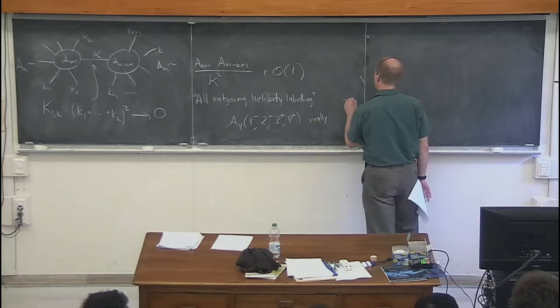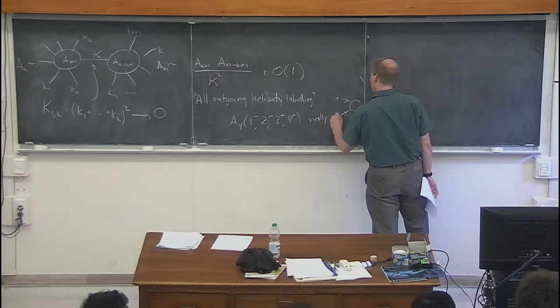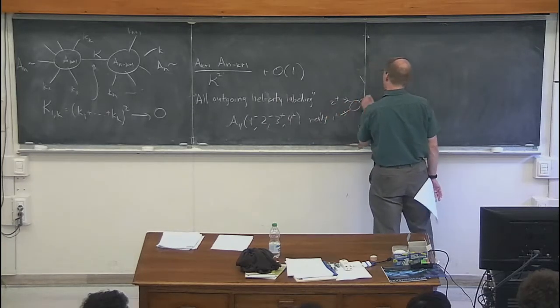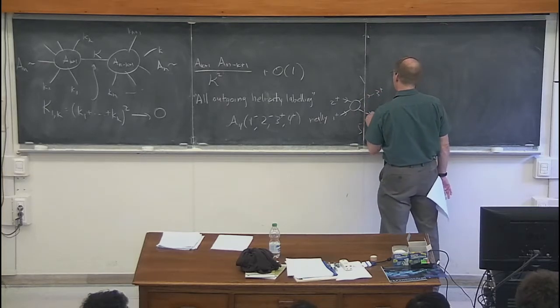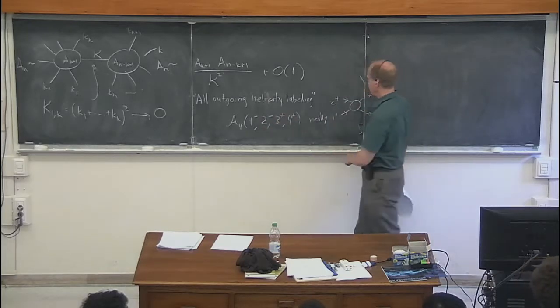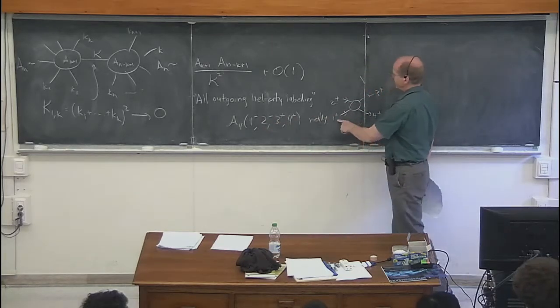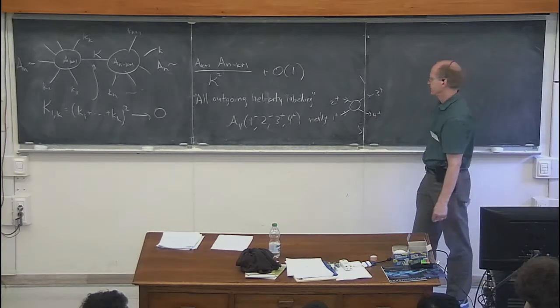So, for example, if I write a 4-point amplitude with 1 minus, 2 minus, 3 plus, 4 plus, I can write a single formula that doesn't care which particles are incoming and which particles are outgoing. But it really corresponds to things like, if particles 1 and 2 are actually incoming, then the formula really corresponds to them having plus helicities. So a configuration like this.